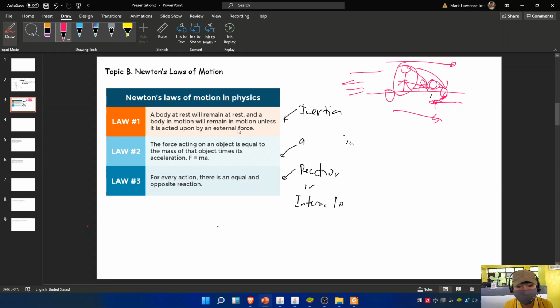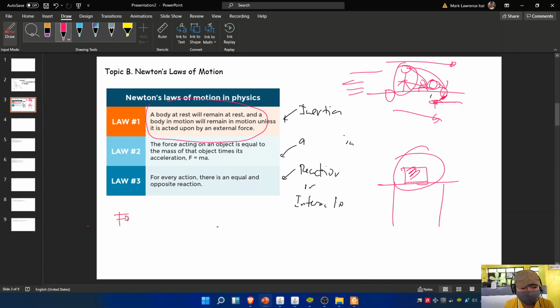Okay? But an object at rest, let's say an object resting on top of a table, will remain at rest kung walang force. Kung walang force. Okay? So, yun ang sinasabi. So, but there is a catch here. Medyo kailangan siguro i-expound ng konti.